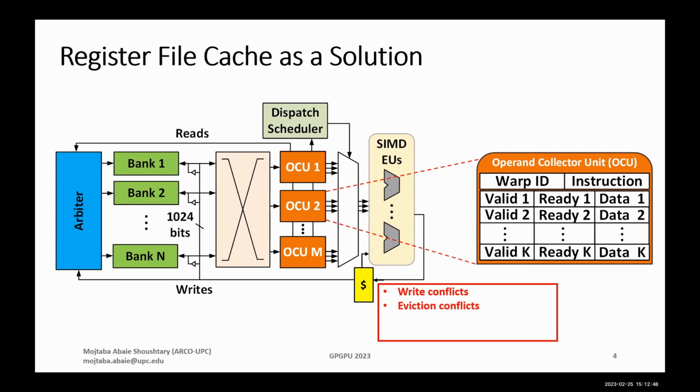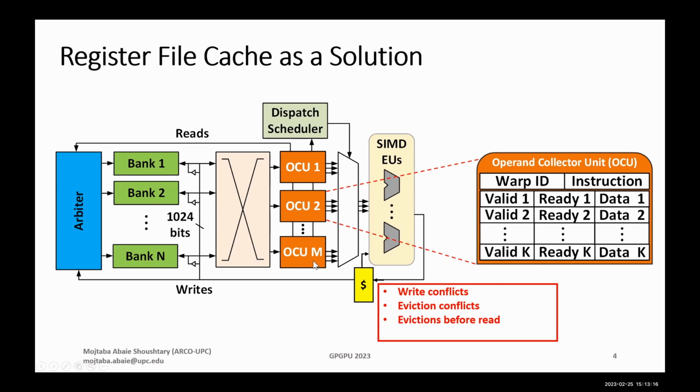In cases where we need to copy back the dirty values of the cache to the main register banks, we create new conflicts. And also, we have some problems because this cache is implemented apart from the collector unit. So let's assume we do the tag check and we create a request to the banks when the instruction is sitting in the operand collector unit.